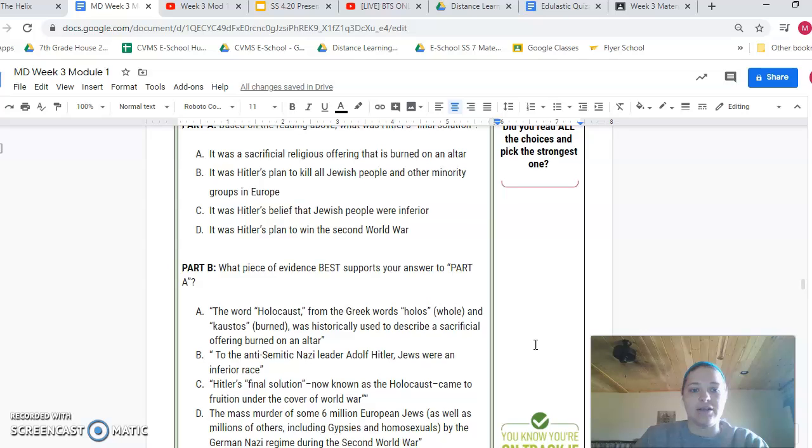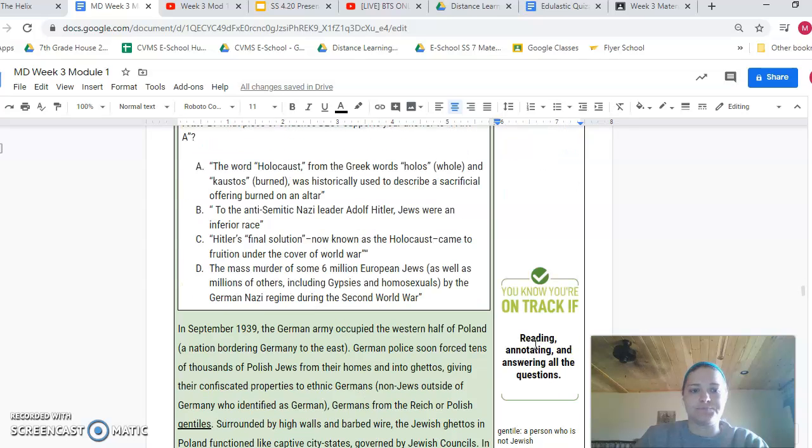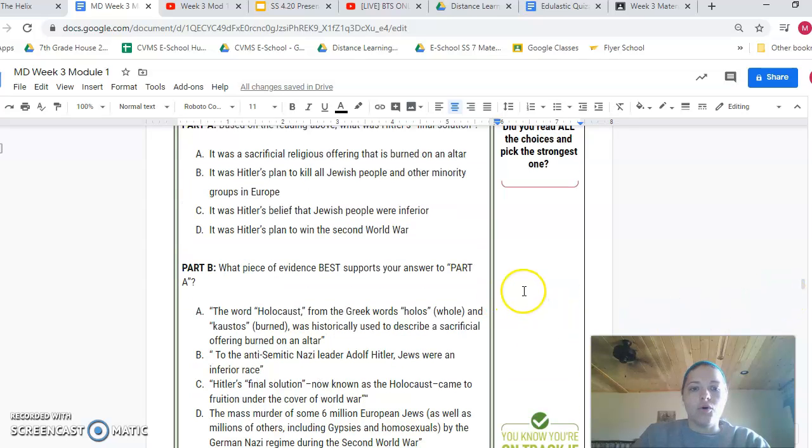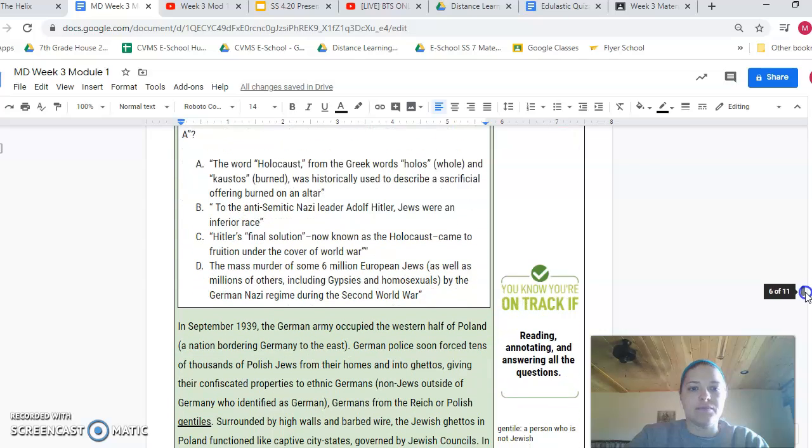I'm going to go ahead and read part B. What piece of evidence best supports your answer to part A? A, the word Holocaust, from the Greek words holos and kostos, was historically used to describe a sacrificial offering burned on an altar.